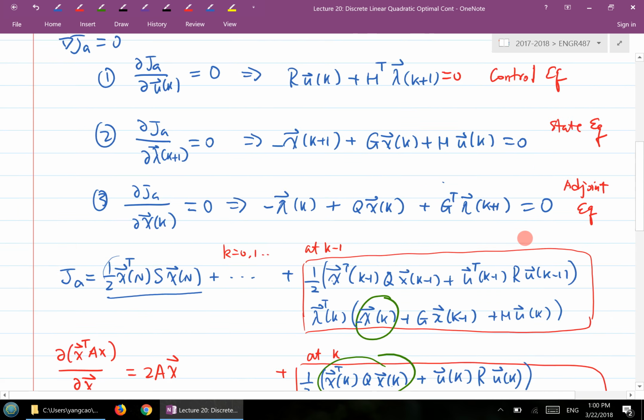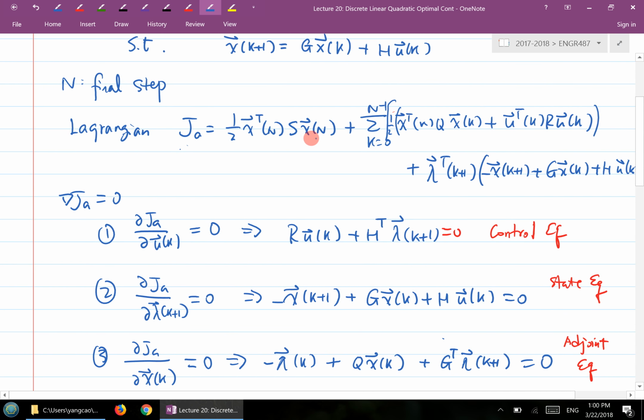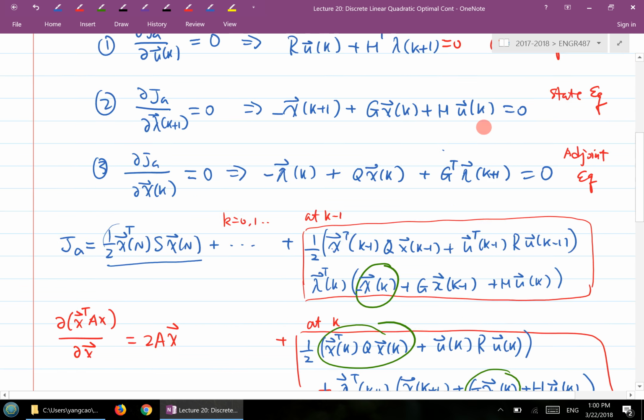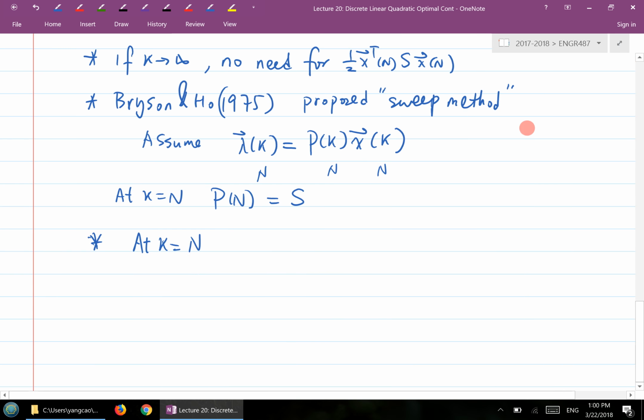We are at the last step, and you don't apply any control anymore, you're done. Which means I shouldn't concern myself with any control effort. So the control value u at k equal to n should be 0.